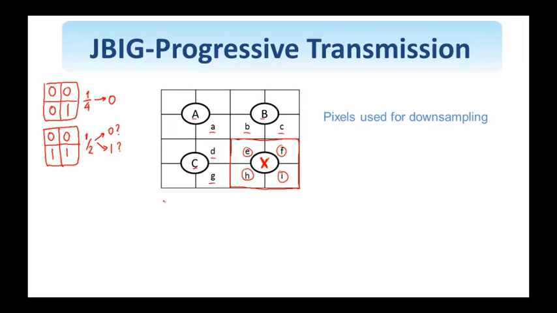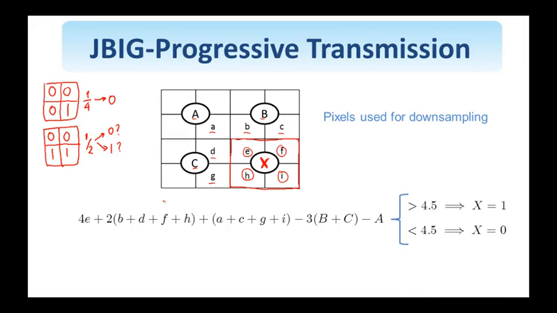Then the standard proposes the evaluation of this formula here, where all these labeled pixels at low and high res are taken into account, and if the value of this expression is greater than 4.5, x is equal to 1, otherwise x is equal to 0.